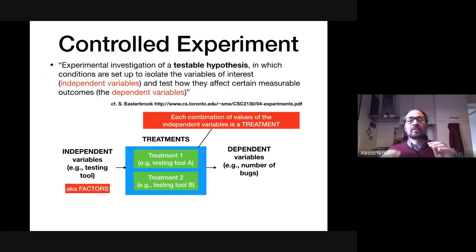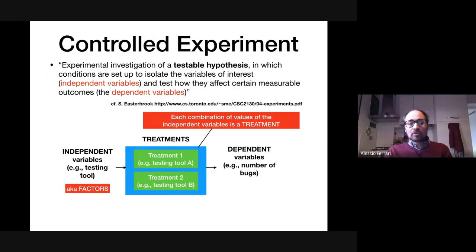So I have two different treatments. And the dependent variable is the thing that I want to measure. For example, it can be the number of bugs found in the software or the speed. This is the basic element of any experiment.